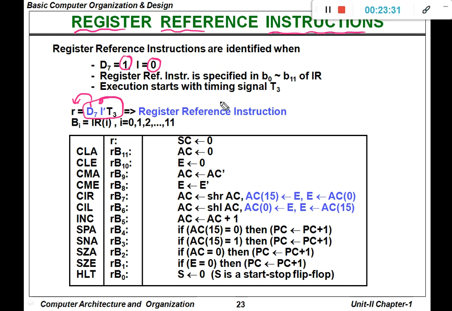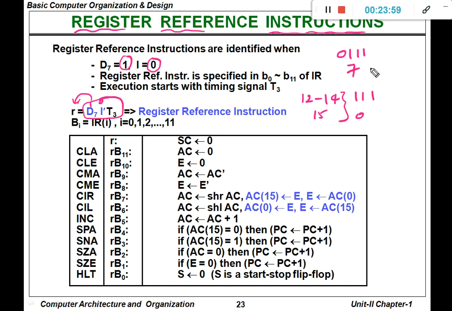Now once we represent the 12 to 14 bits as well as the 15th bit as 1 1 1 and 0, then it will become 0 1 1 1. 0 1 1 1 means it is going to start with hexadecimal code 7.